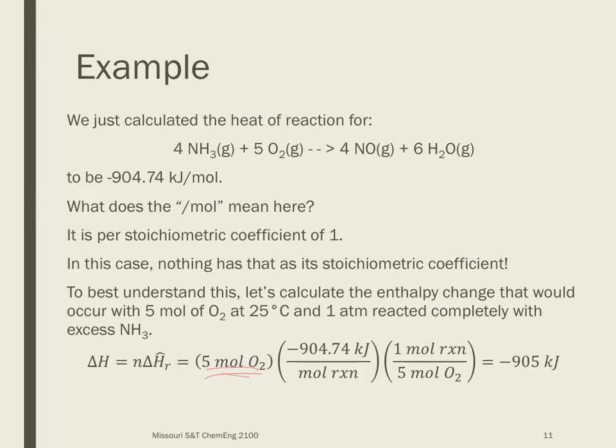Now, this is a mole of O2 compared to a mole of reaction, so I use a stoichiometric ratio from the reaction the way I've written it. 1 mole in the reaction corresponds with 5 moles of oxygen, meaning that I'm going to have negative 904.74, written with less ridiculous sig figs, kilojoules for this reaction.